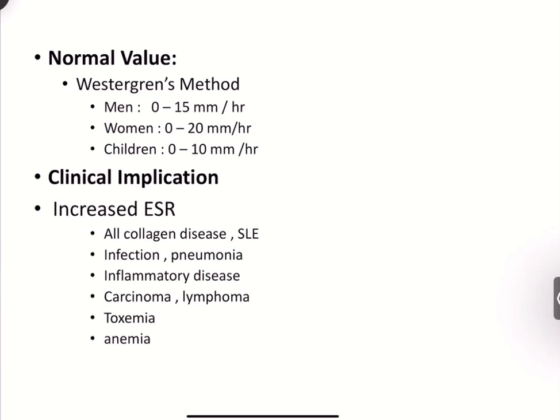Inflammatory diseases, as said earlier: ESR can be used in assessing inflammation. It can be a marker for inflammation. It can also be a marker in some cancers, especially lymphoma. This can also indicate toxemia, the presence of toxins in your blood, and anemia.